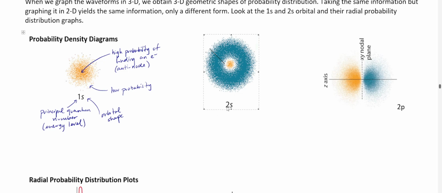When we go to the second energy level, as we see right here, so we're in the second energy level denoted by the 2, we have an s orbital in the second energy level. And as you can see here, there are 2 areas of high electron probability.